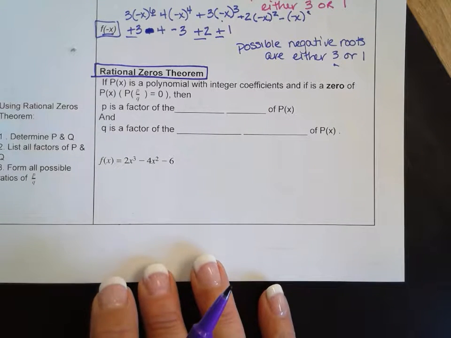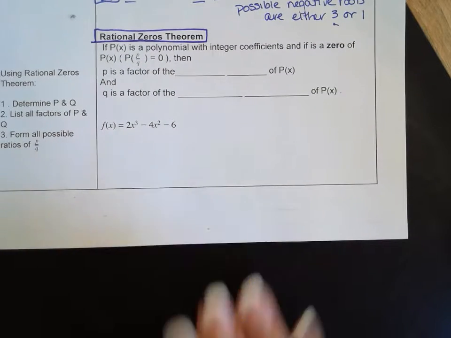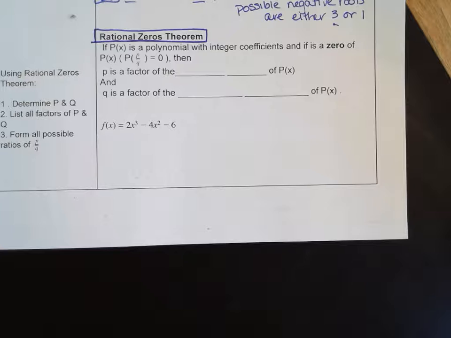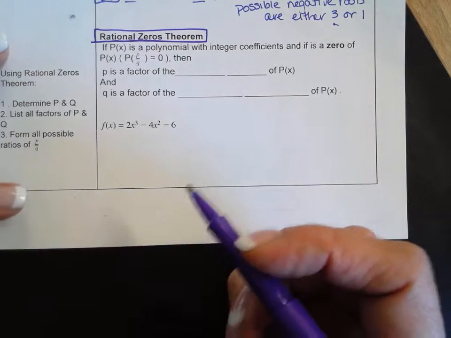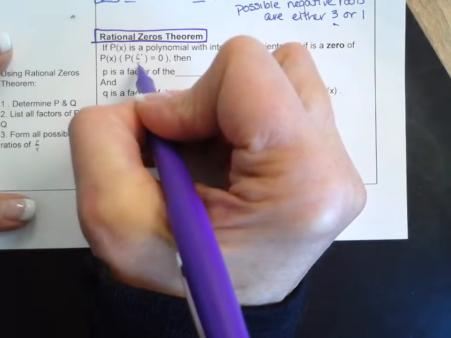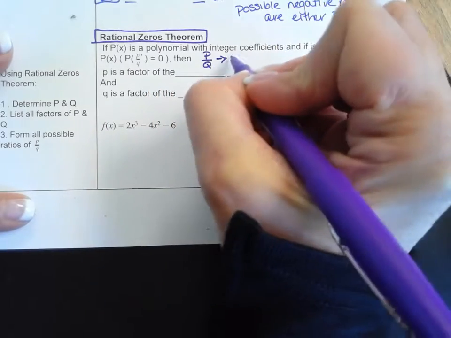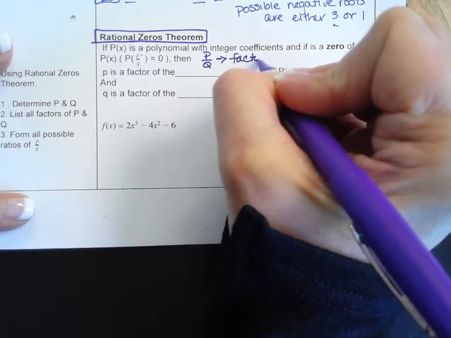The theorem says if you have a polynomial with integer coefficients and you have a zero, then P over Q is going to be a possible factor.